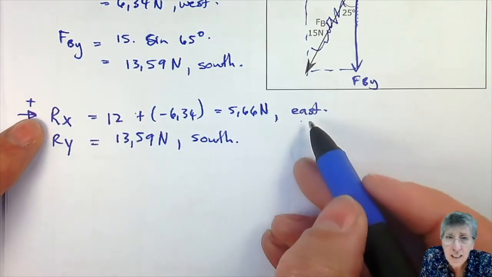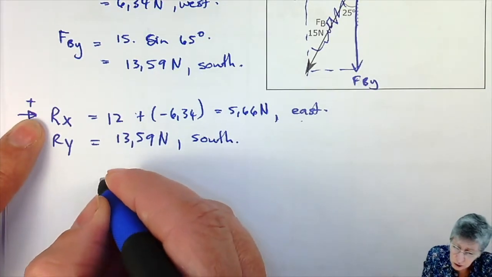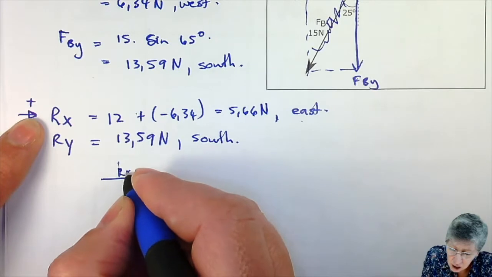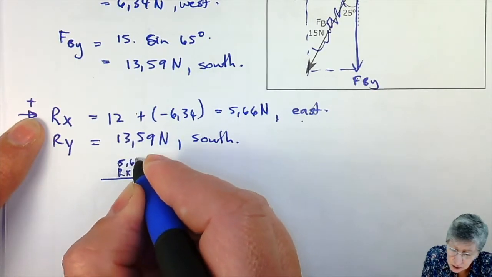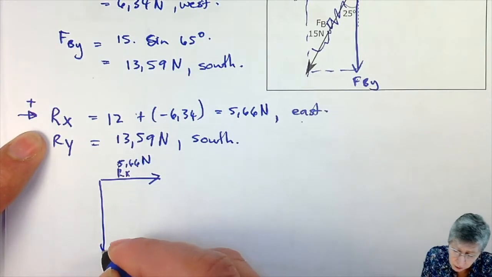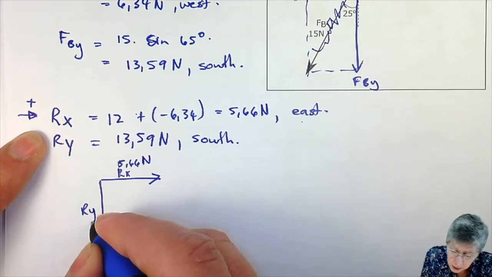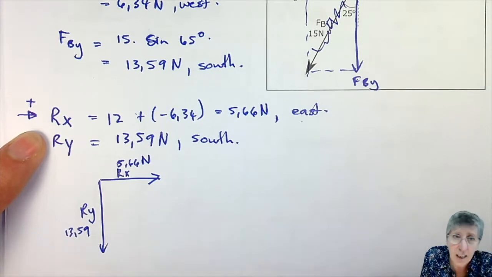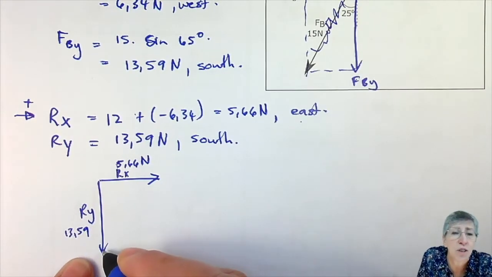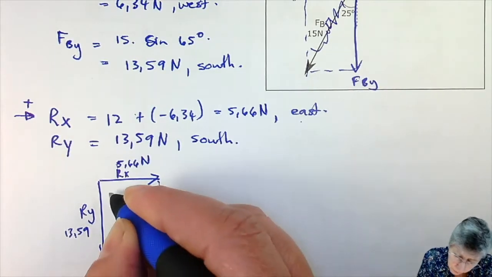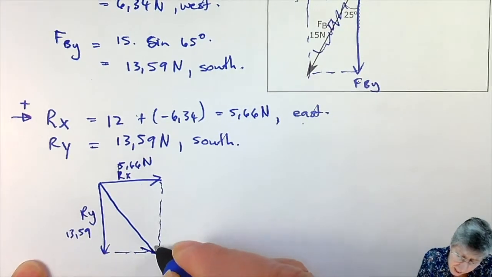In the east direction, I'm going to have an Rx of 5,66 Newton, and towards the south, I'm going to have Ry, and that is going to be 13,59. Now I've used the tail to tail, so I have to complete the parallelogram and get the diagonal as my resultant.